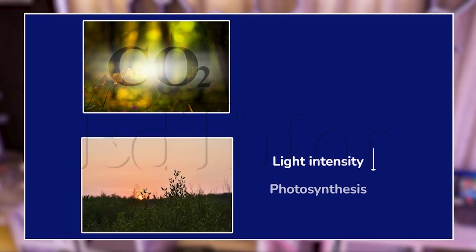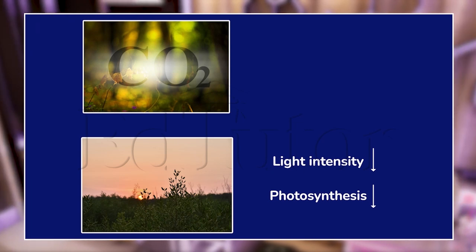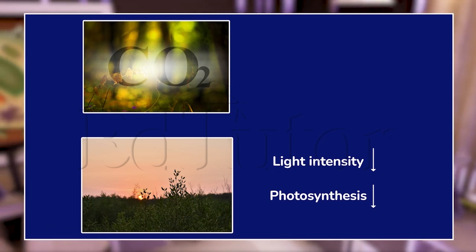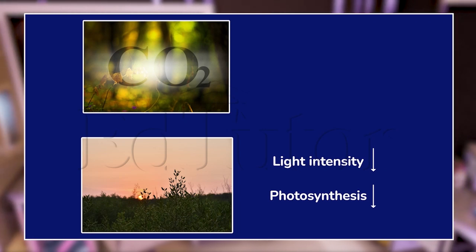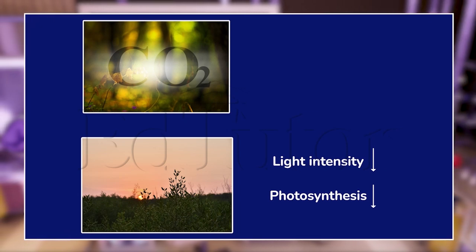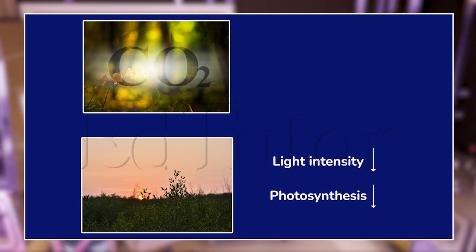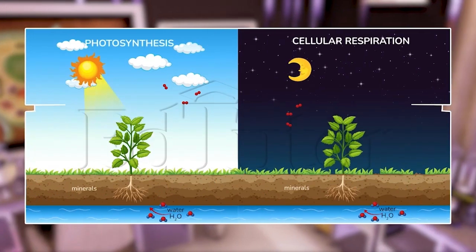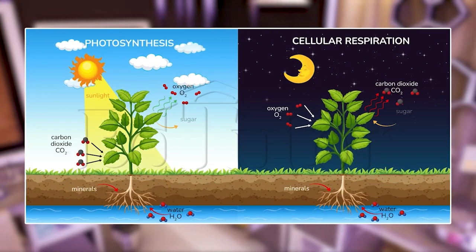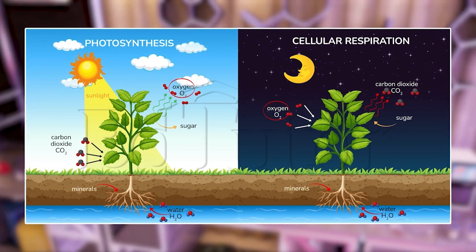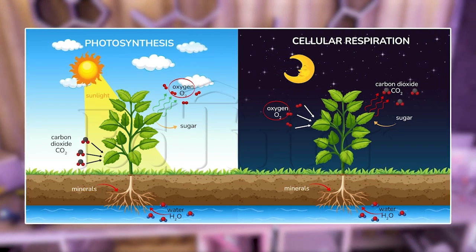Now, when the light intensity is low at dawn or dusk, the rate of photosynthesis is also low, and at this point, the rate of photosynthesis and respiration may become equal for a short period of time. It is the time when the oxygen released from photosynthesis is just equal to the amount required for cellular respiration.